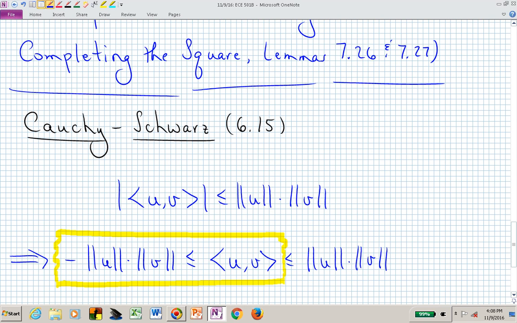And that allows us now to have a lower bound and an upper bound, and we are actually going to use the lower bound in our subsequent discussion. Meaning, if we now have the inner product of two vectors, we can find a lower bound on that by negating the norm of the first vector times the norm of the second vector. And that's how we will use Cauchy-Schwarz.